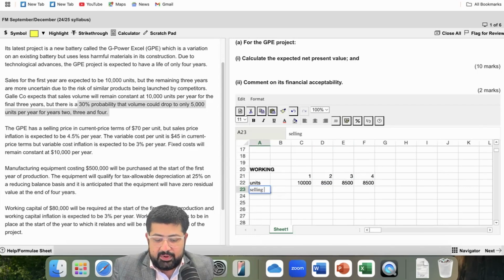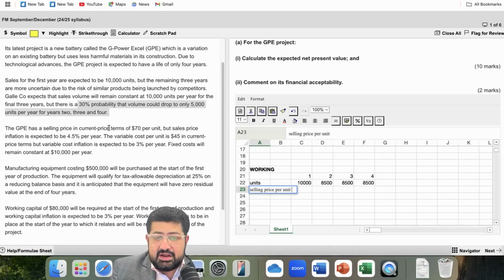So selling price per unit. They say that the selling price per unit is expected to be $70 per unit, and its inflation is 4.5% per year.